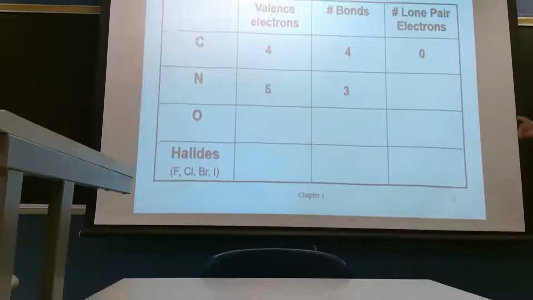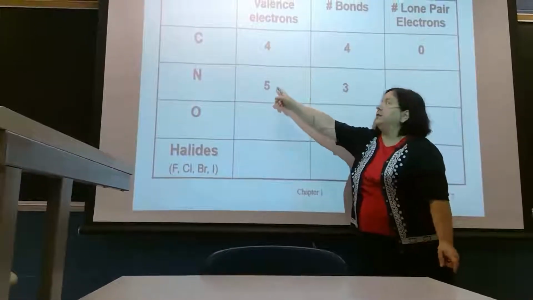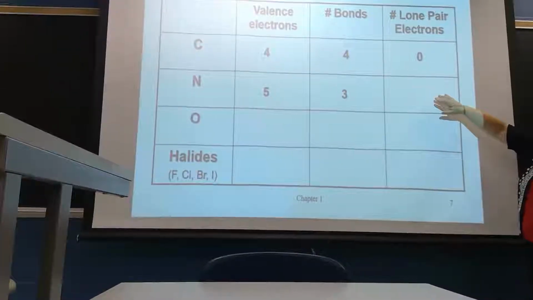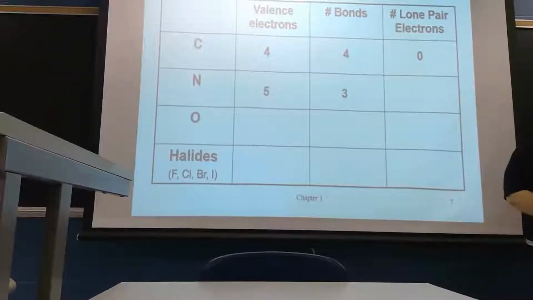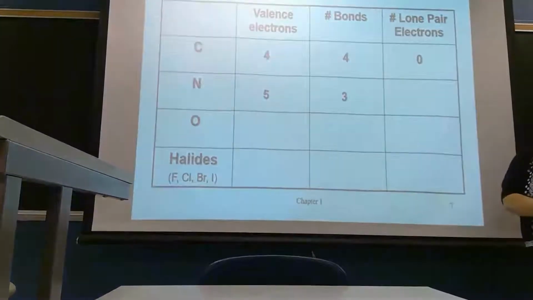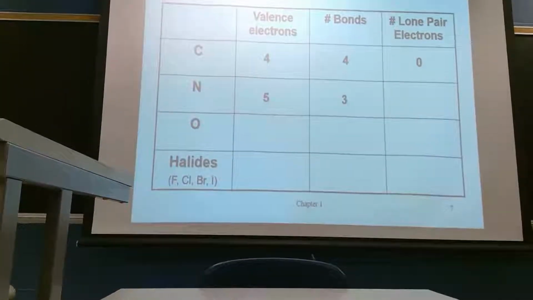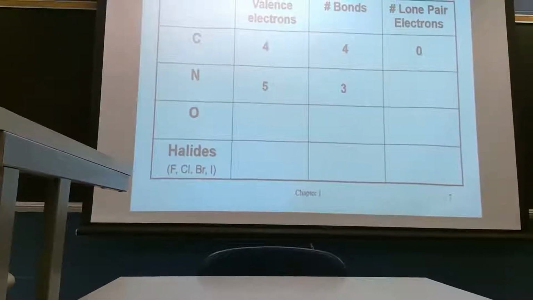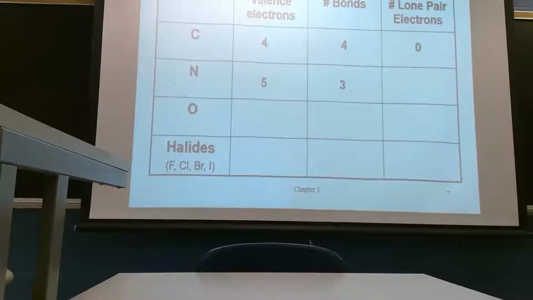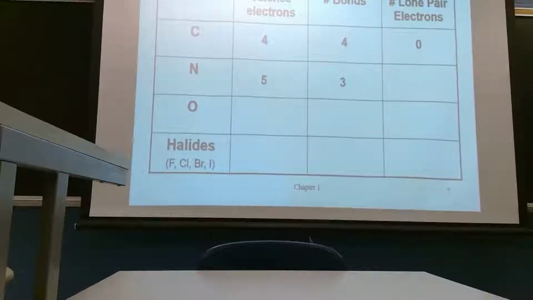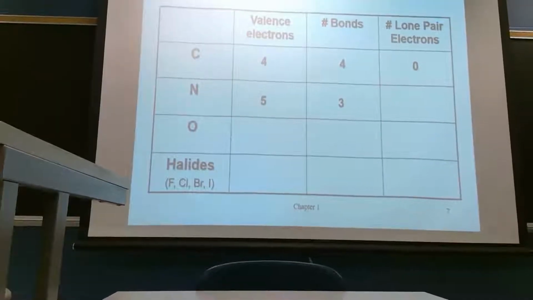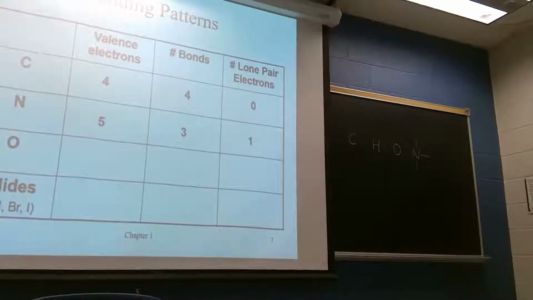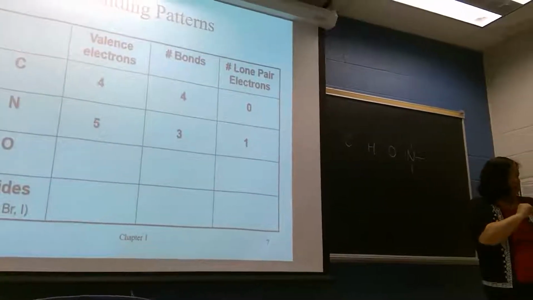So 3, because 4 and 4 is 8, 5 and 3 is 8. So how many lone pair electrons, non-bonding electrons, will nitrogen have? Here's nitrogen with 3 bonds, 2. 2, very good, because there have to be 8 around. So it will be 1 pair, 2 electrons.